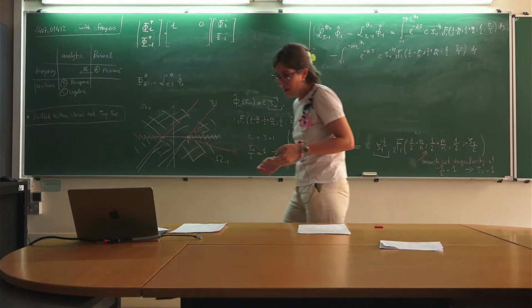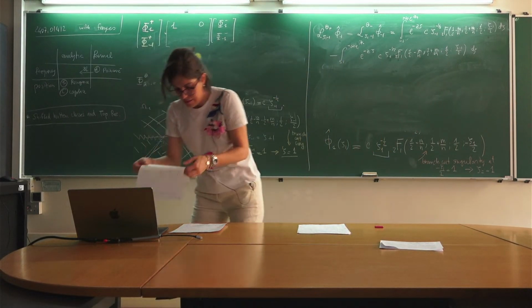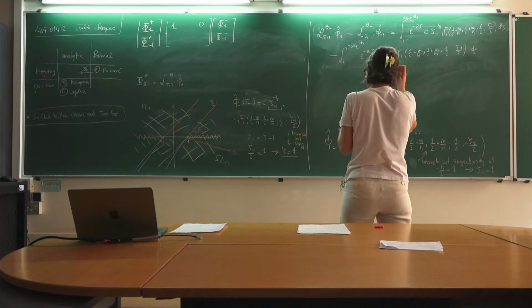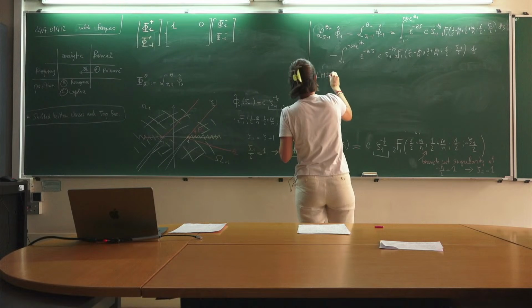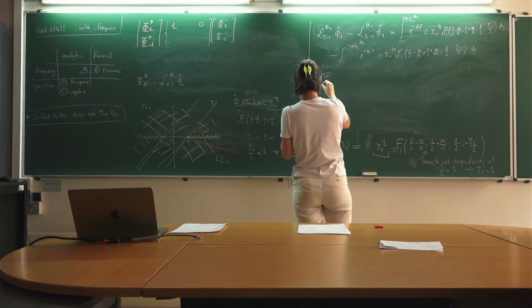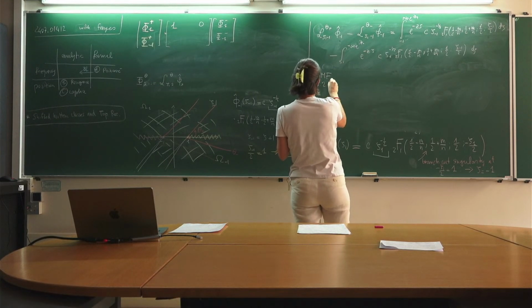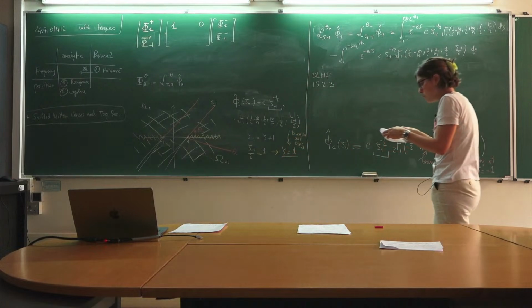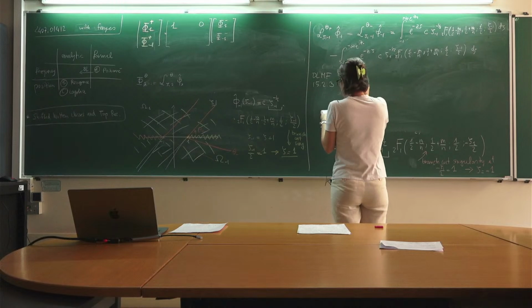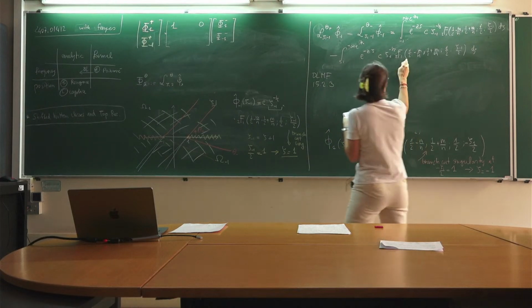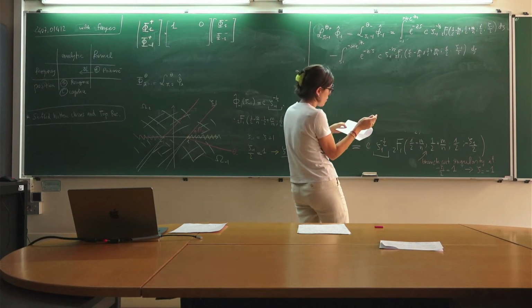And in particular, if you look at DLMF, the Digital Library of Mathematical Functions, one of the first equations, which is 15.2.3, tells you how to do the analytic continuation of a hypergeometric function across the branch cut.